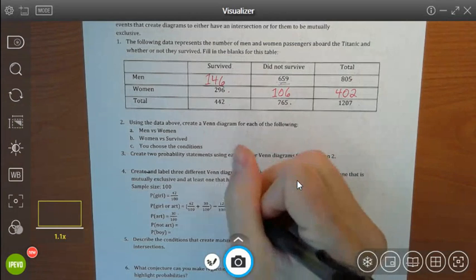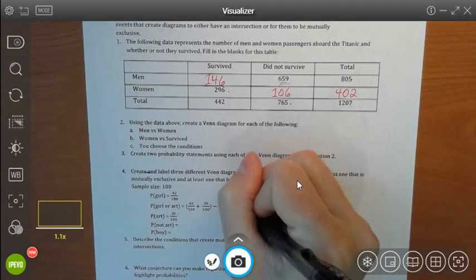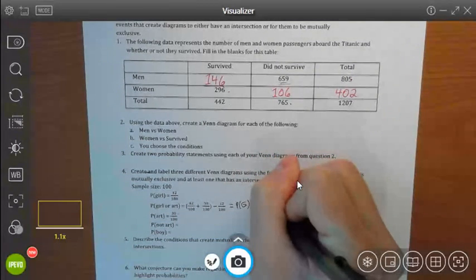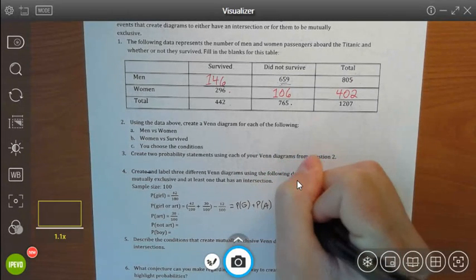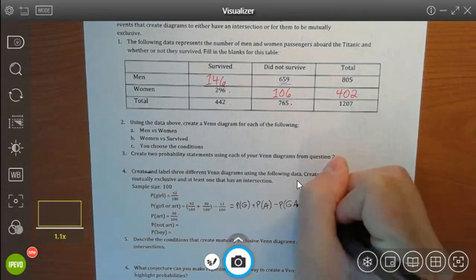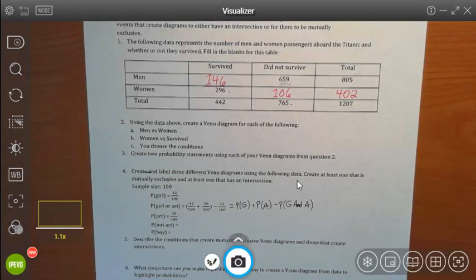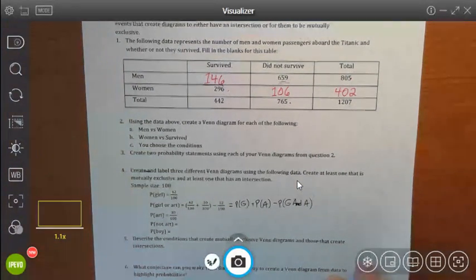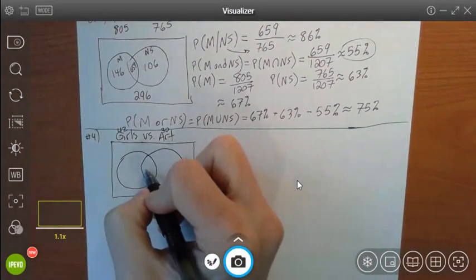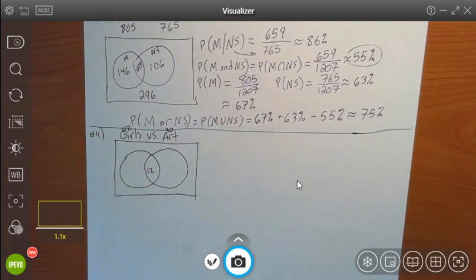This probability right here is basically the probability of picking a girl plus the probability of picking art minus the probability of picking somebody who is a girl and chose art, is how that is set up right there. So this 12 right here means there are 12 people who are both. So we can go into our Venn diagram and write 12 in the middle.